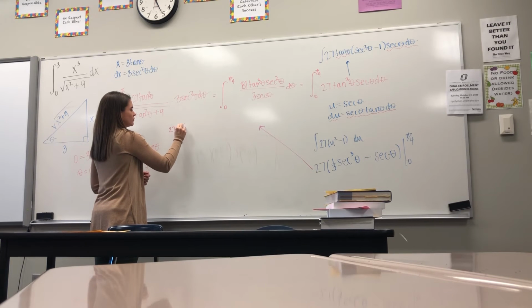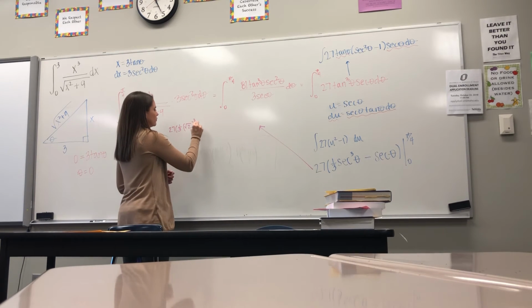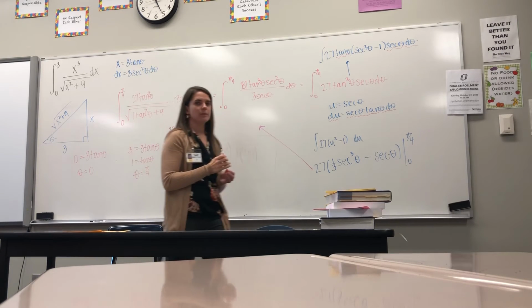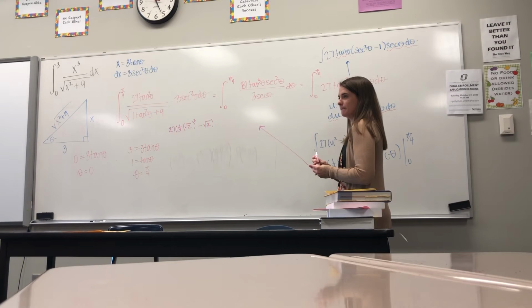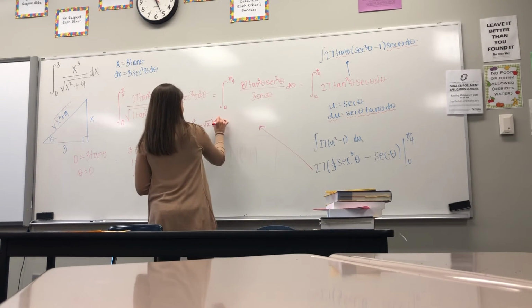It's 1 over cosine, so it's 2 over radical 2, so radical 2. And what's the secant of 0? One.